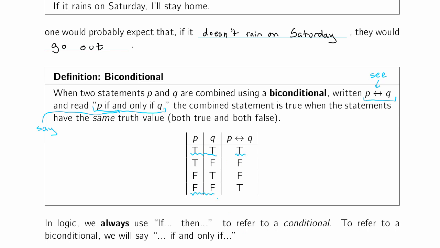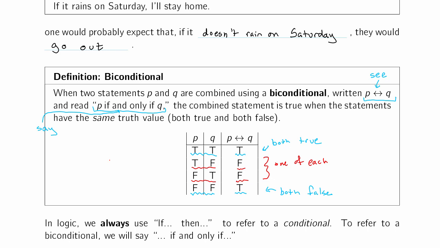If we have them both false, the biconditional is also true. But if one of them is true and the other one is false, then the biconditional is false. Both true, the biconditional is true. Both false, the biconditional is true. One of each, then the biconditional is false.